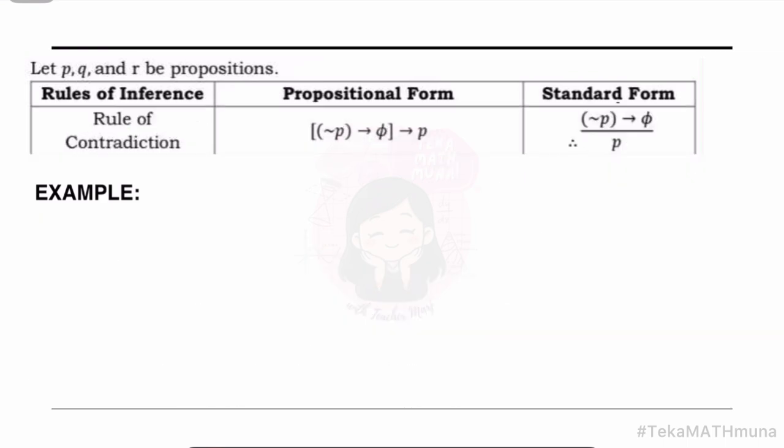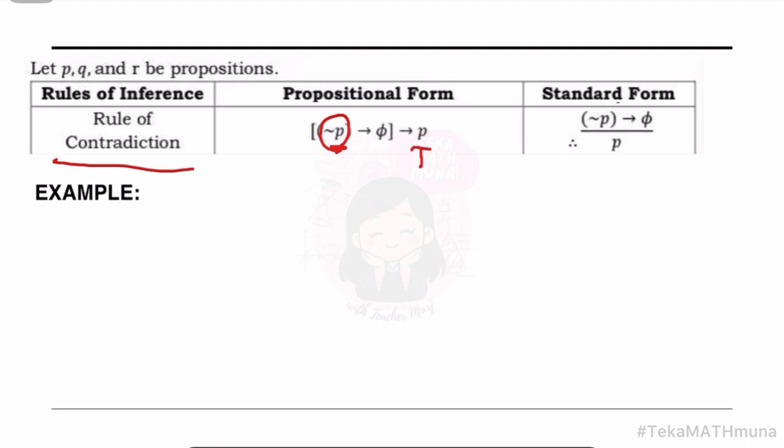Next, the rule of contradiction. The rule of contradiction helps us show that something is false by assuming its opposite leads to a contradiction. If assuming P leads to a contradiction, then not P must be true.